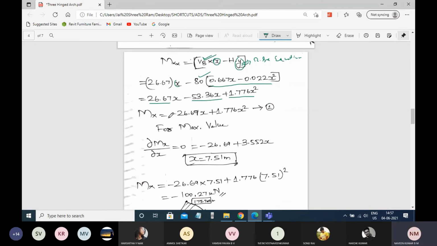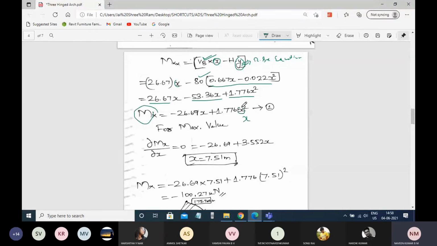So we got the moment at x equals minus 26.69 x plus 1.776 x square.